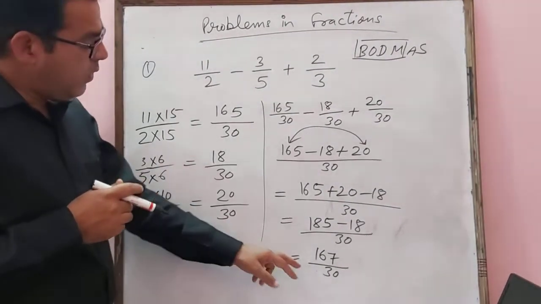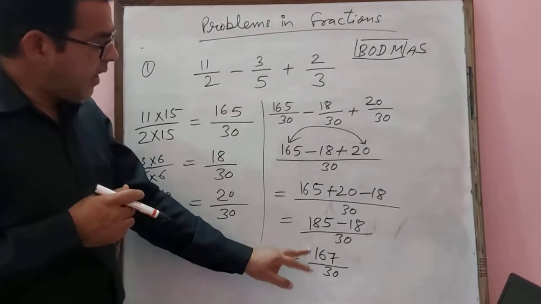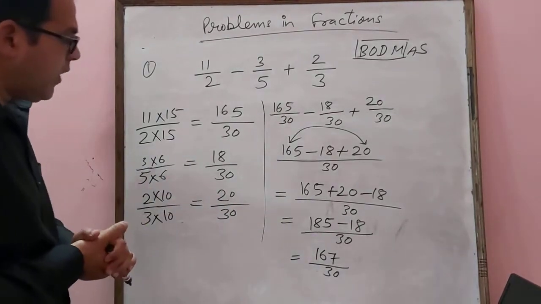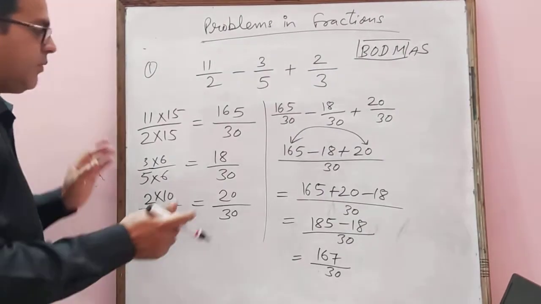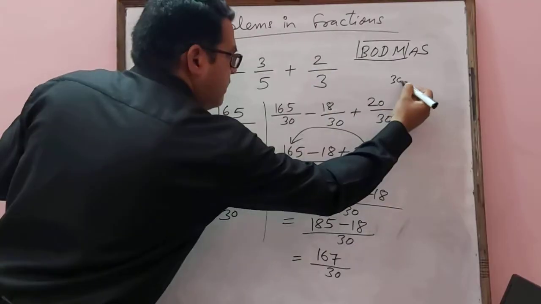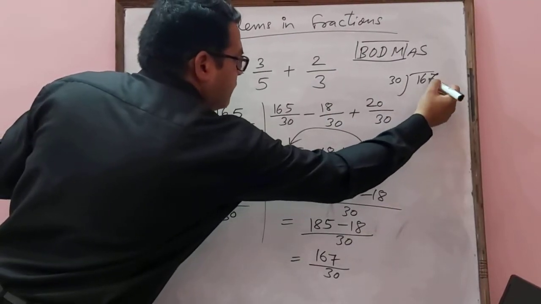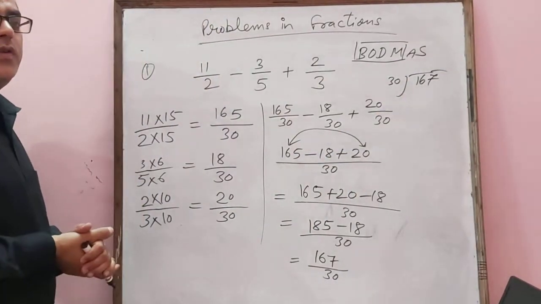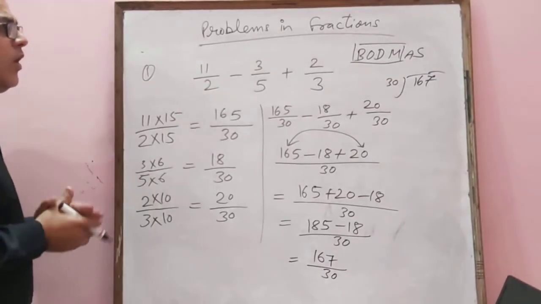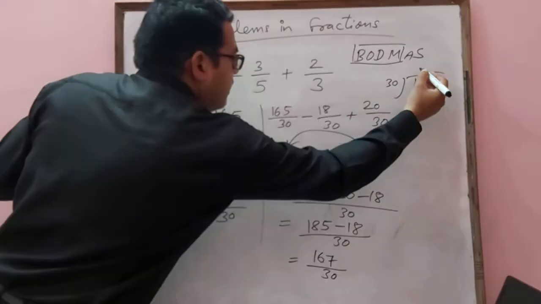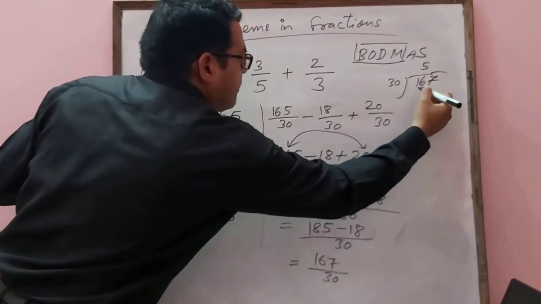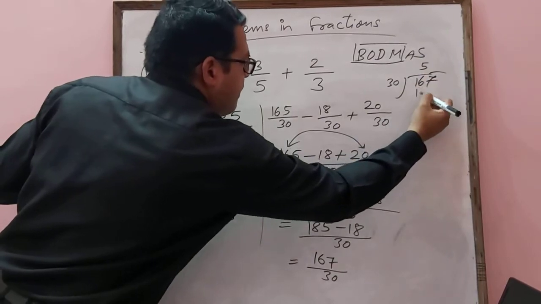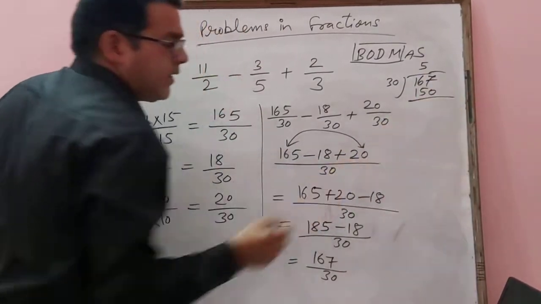Right? And we have here an improper fraction. So according to the rule, we have to convert this improper fraction into a mixed fraction. How can we do this? After dividing. How many times? I think 5 times. 3 fives are 15, so 150 we have here.